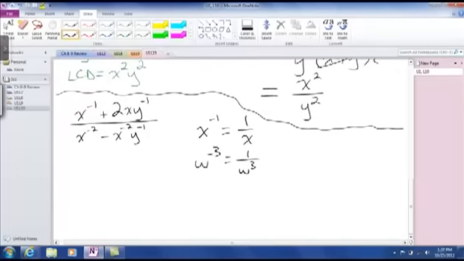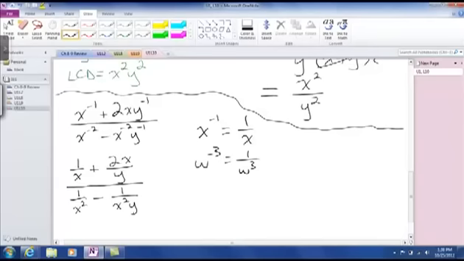So here's what we're going to do. x to the negative 1 becomes 1 over x, plus 2xy to the negative 1 becomes 2x over y. We're just taking that y to the negative 1 and shipping it down to the bottom. Over 1 over x squared, x to the negative 2, minus 1 over x squared y.